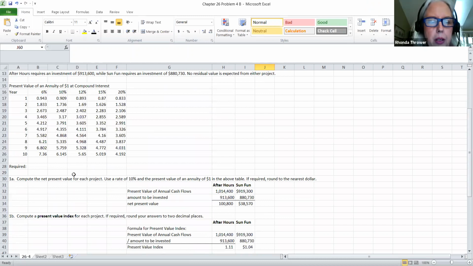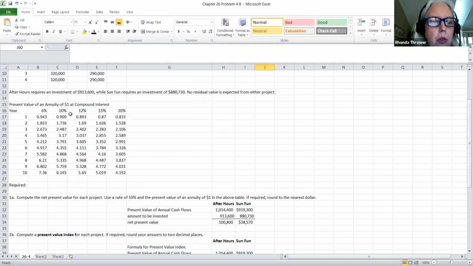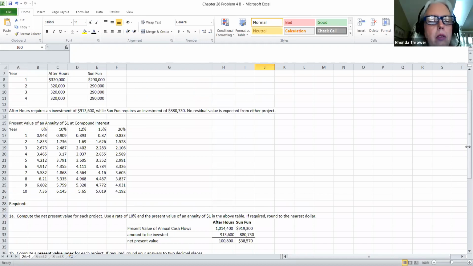Now, to determine the net present value, we first need to know what the present value of all of the cash flows are for each one of these investments. So what I'm going to do is take 10%. I'm going to go down the number of years in the life of this asset, which are 4.